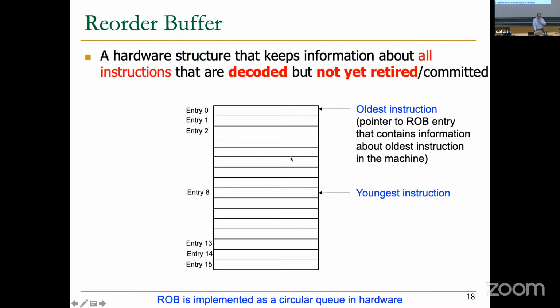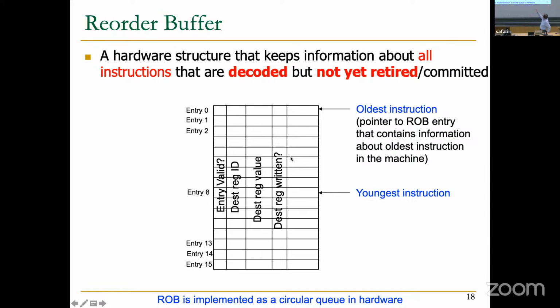So this reorder buffer is a hardware structure that keeps information about all instructions that are decoded but not yet retired or committed. What we have in the reorder buffer is, for example, a valid entry bit, saying whether this entry is valid or not. We can also have the destination register value, or the destination memory and the value that you want to write to the memory.